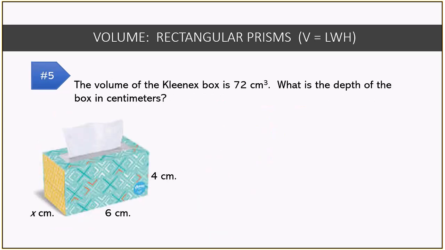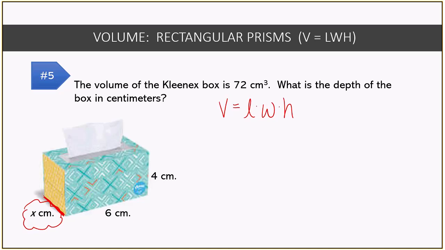Okay, let's look at another example. Now we have a Kleenex box. It says the volume of the Kleenex box is 72 centimeters cubed. Okay, so we know that the volume is 72 centimeters cubed, and it's asking us for the depth of the box in centimeters. So you can see down here, it's the depth here that we don't know. So we know width, we know height, we don't know length.